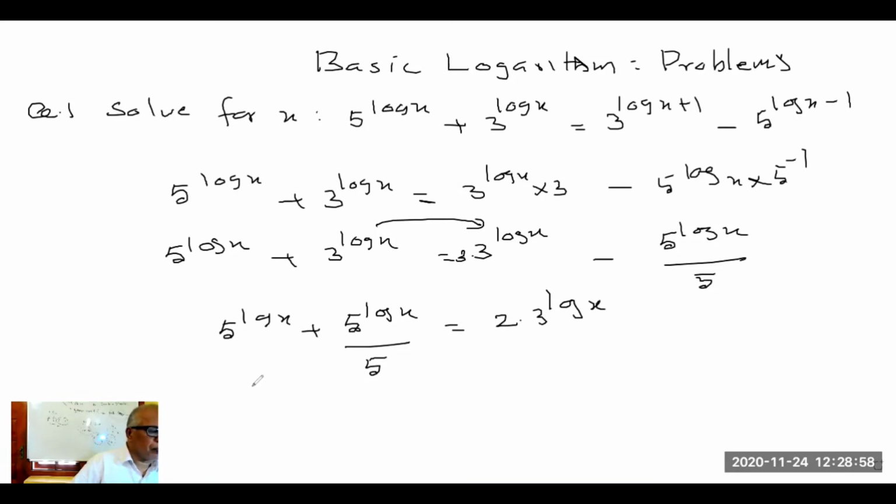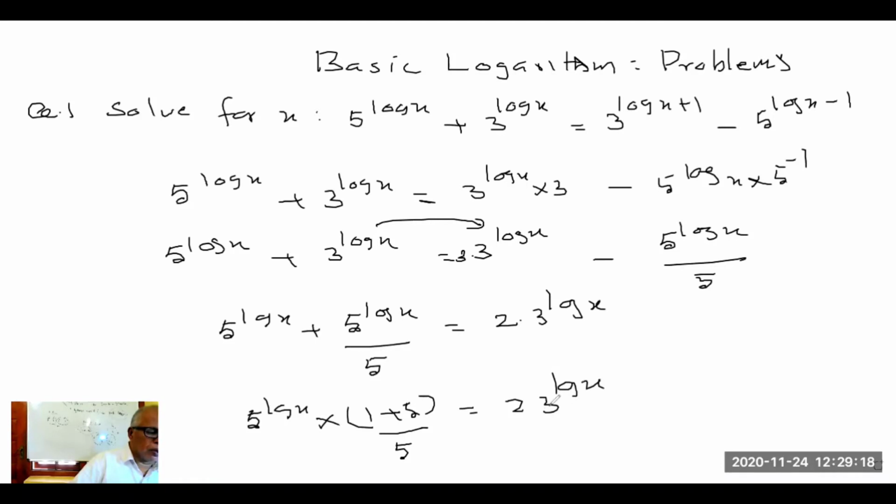That is, 5 raised to log x, taking common, you get 1 plus 1 by 5, is equal to 2 into 3 raised to log x.